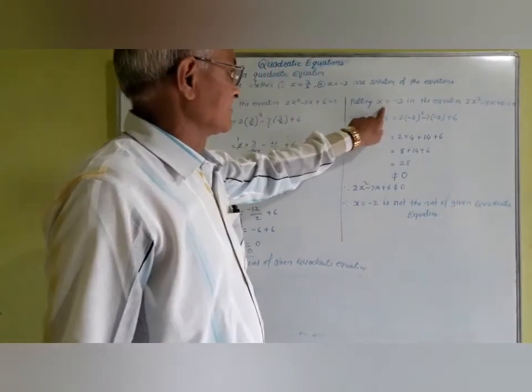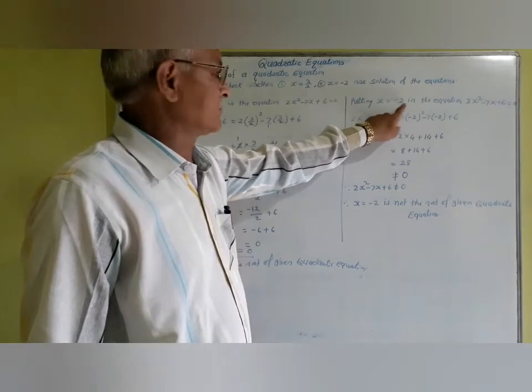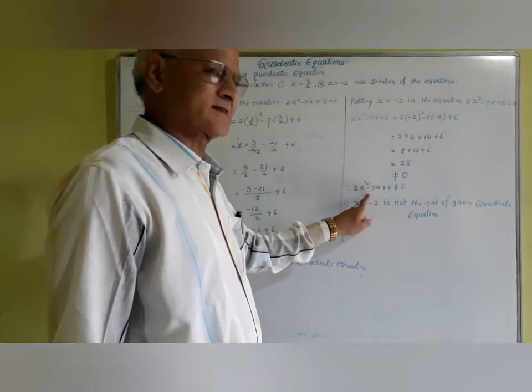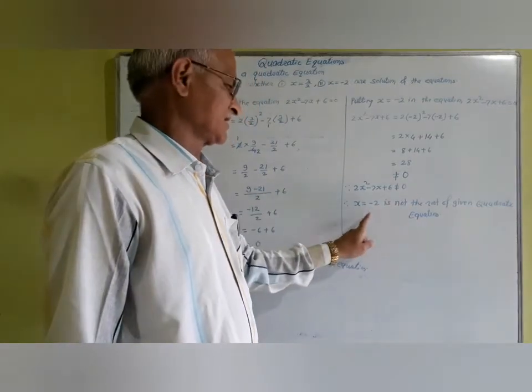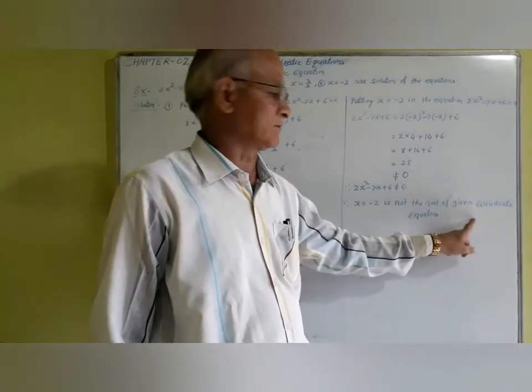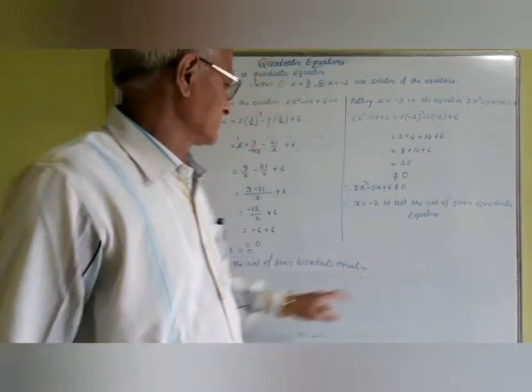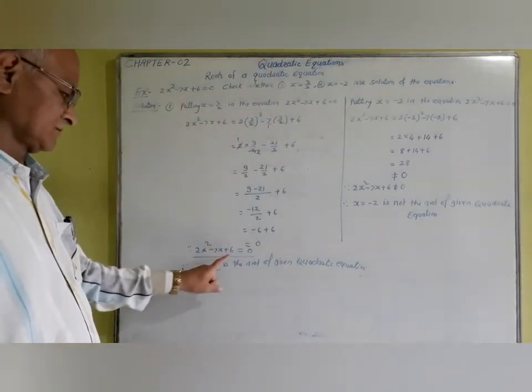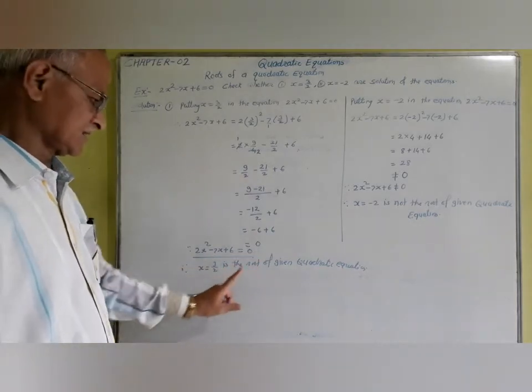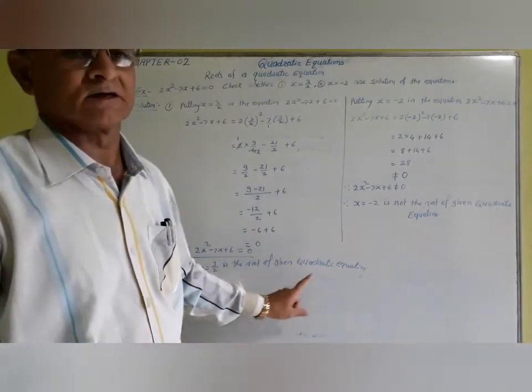Means for x is equal to minus 2, the left hand side does not become equal to the right hand side, and therefore we say that it is not a root of the given quadratic equation. If for the given value of the variable the left hand side becomes equal to the right hand side, then it is called the root of the given quadratic equation.